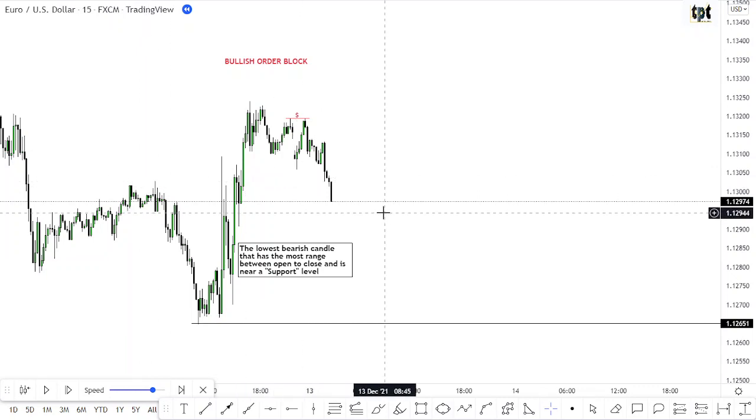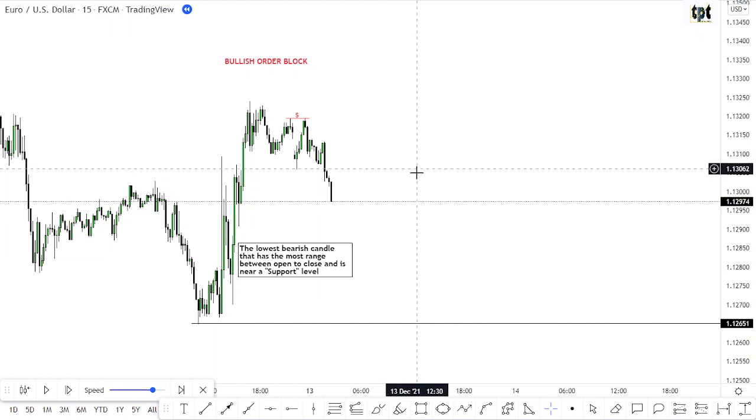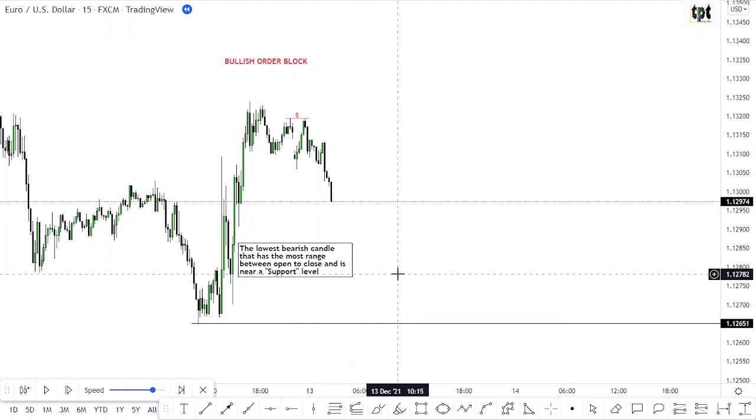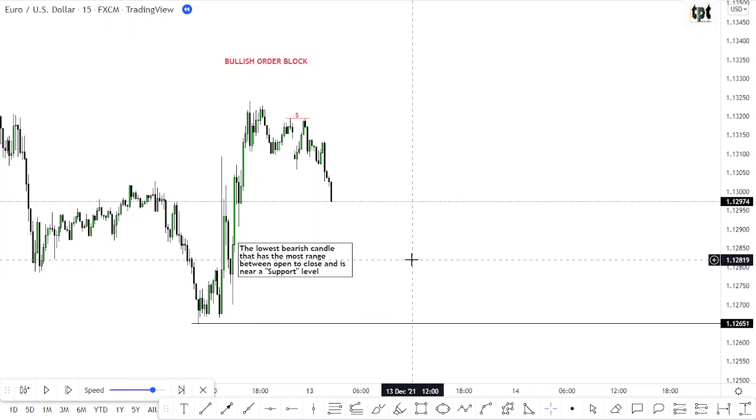At least price should trade away from the bullish order block with some sort of high momentum. And also the best bullish order block should cause a break in structure to the upside. For this particular case, we're talking about the bullish order block, so keep that in mind. And also it should be suited or based near a support level.